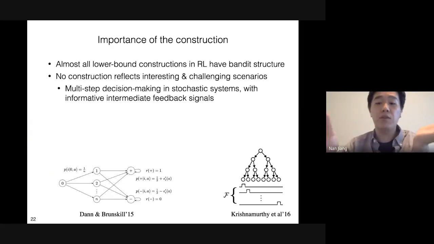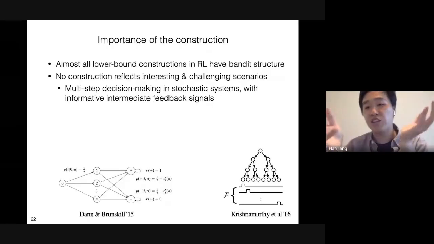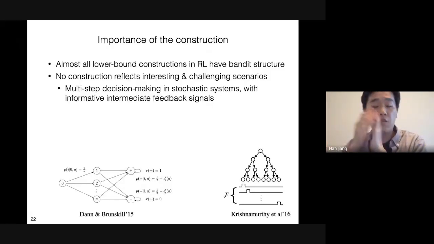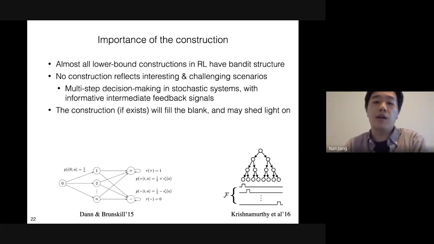And none of them really reflect the interesting and challenging scenarios of RL where you have multi-step decision-making with stochastic transitions, and you get informative intermediate feedback signals. In all the constructions we know, the intermediate states you see are just uninformative. You know them in advance. The system tells you which state you're in, okay?